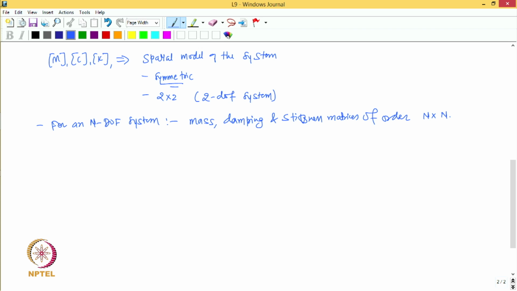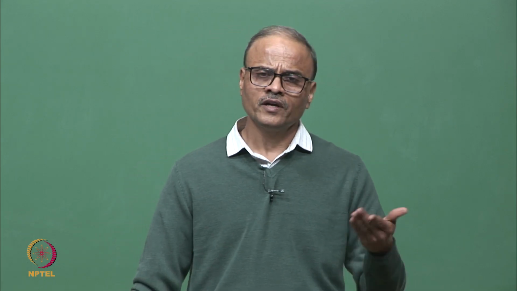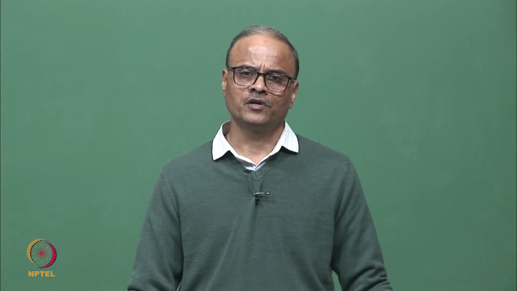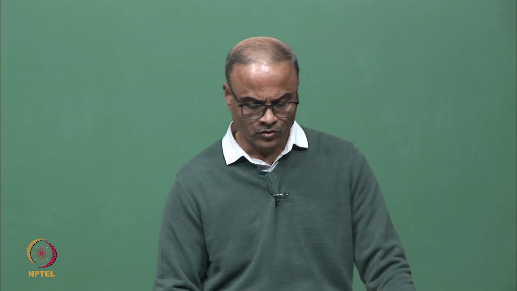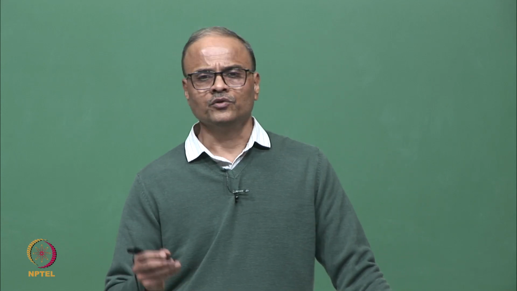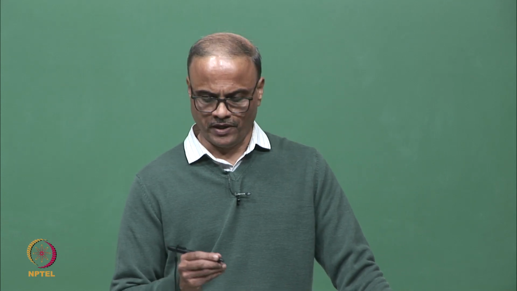Now, we are going to use a proportional viscous damping model for the further analysis. When the damping distribution is a linear combination of the mass and stiffness matrices, or is proportional to either the mass matrix or the stiffness matrix, it is called a proportional damping model. There also exists a more general definition of proportional damping, but let us use this particular model because it is widely used for modeling damping in the system.